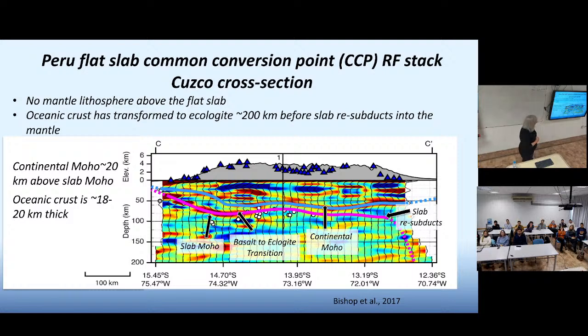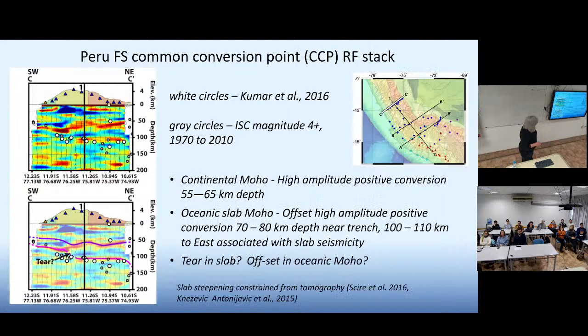So right away we have something holding up that flat slab in Peru that's different from the situation in Argentina. The other thing we've noticed in other profiles is that when we see the slab, there are a lot of tears or offsets in it, so we think the slab under Peru is starting to break up.